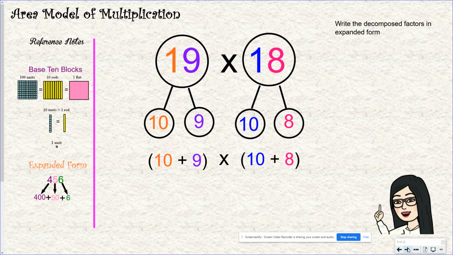We broke these numbers up into expanded form. Now we're going to write the decomposed factors into the expanded form equation. So now we have 10 plus 9 times 10 plus 8. We broke our number bonds into simpler factors.